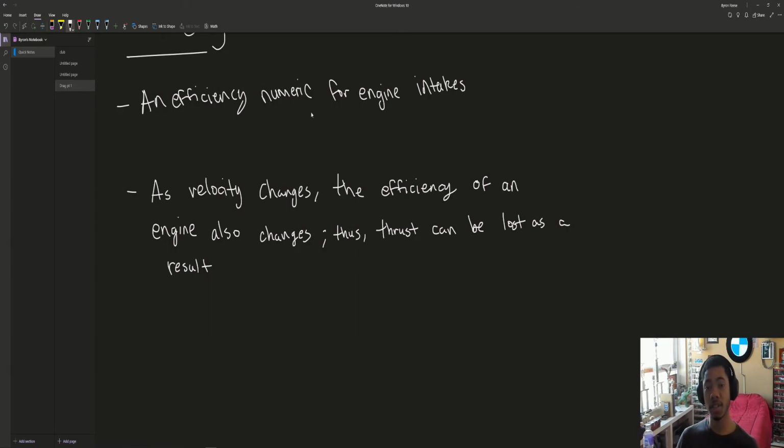And because thrust is lost due to the velocity of air, anything that, for our sake, goes against the forward motion of your aircraft is a drag. Hence the name ram drag.